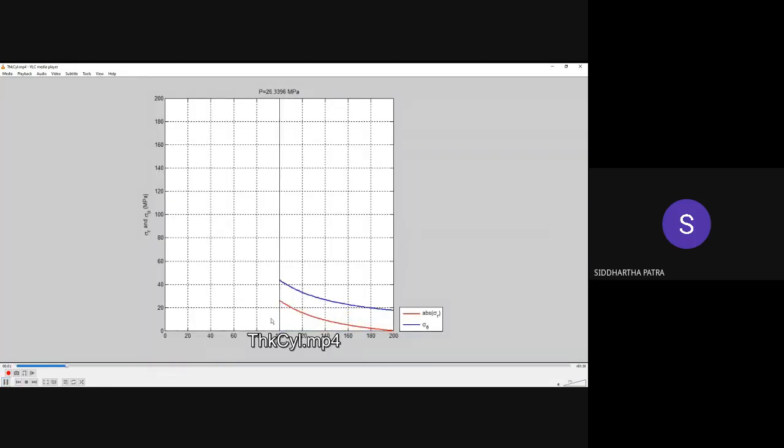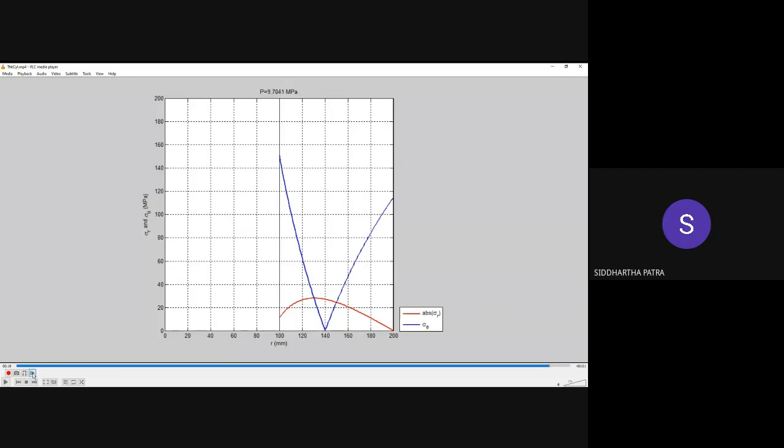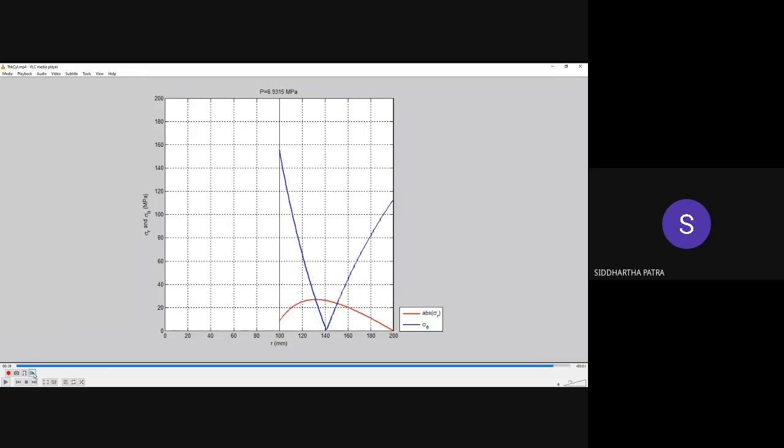So this is the residual stress that you can expect once you are unloading from P double prime.